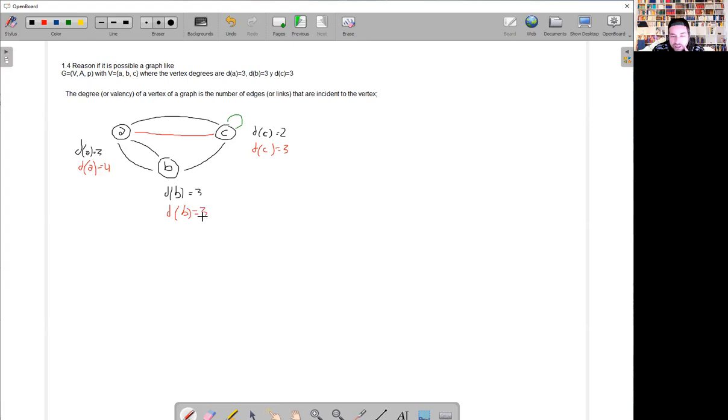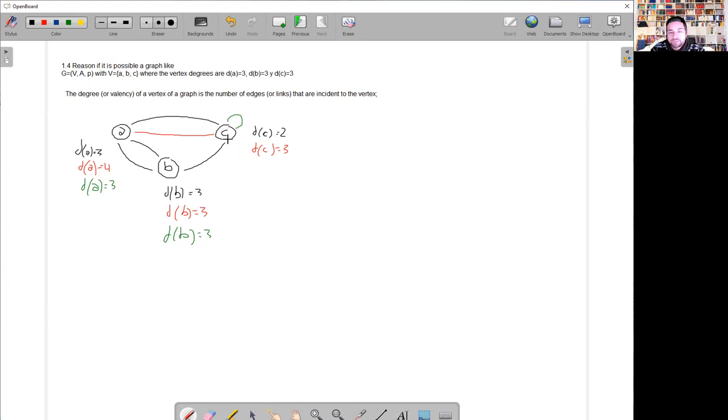We didn't change B. With this third option, we also have only 3 links on A.